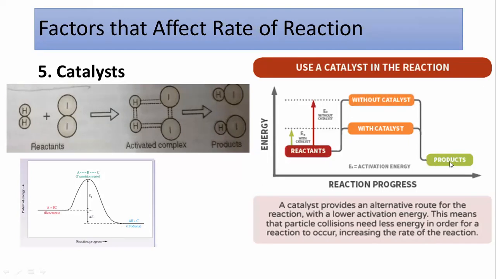From here to here is called the activation energy, the same as explained earlier: from the reactant to the activated complex is the activation energy. So from here to here is the activation energy for the reactant to convert into the product without catalyst.